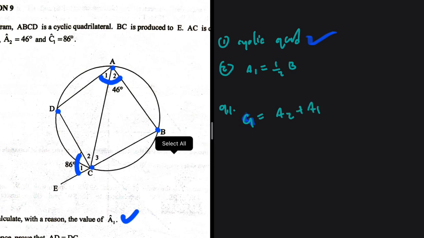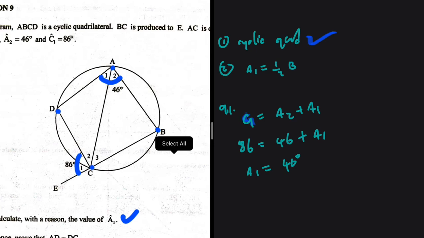We're supposed to give a reason. The reason is that an exterior angle of a cyclic quad is equal to the interior opposite. So 86 is equal to 46 plus A1. A1 is equal to 40 degrees. Okay, there we go. That is the size of angle A1.